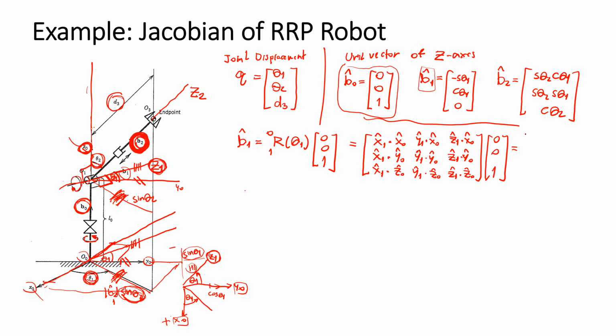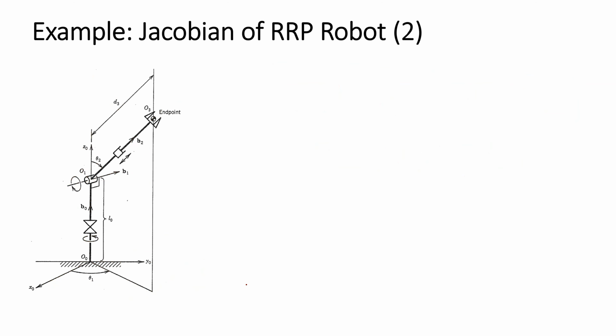So yeah, we consider x1 and x0. Here again, where should be the direction of the x1? In this picture, you can see the C1, right?